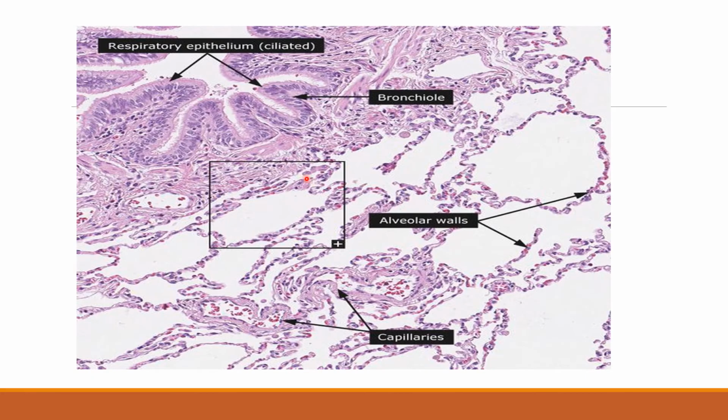And histologically, this bronchiole is lined by the ciliated columnar epithelium and these are the alveoli. And these are the alveolar walls that also show the presence of capillaries. So these are some anatomy and histological features of the respiratory tract.